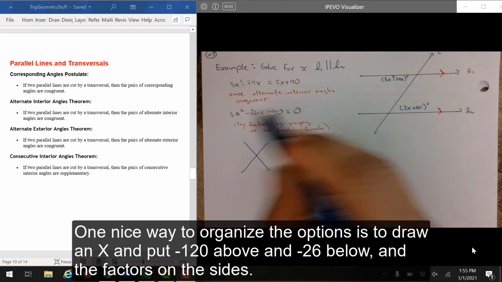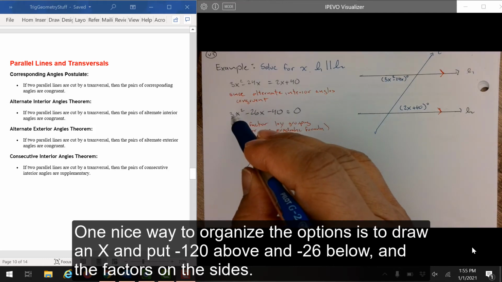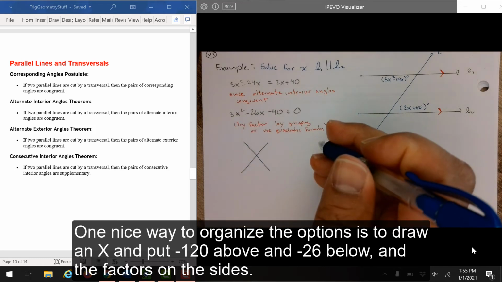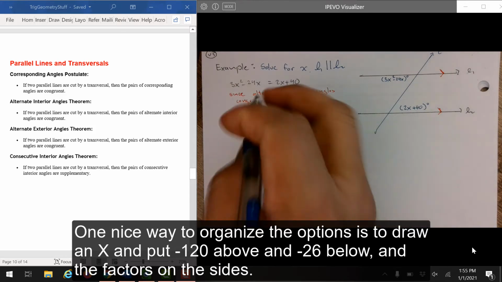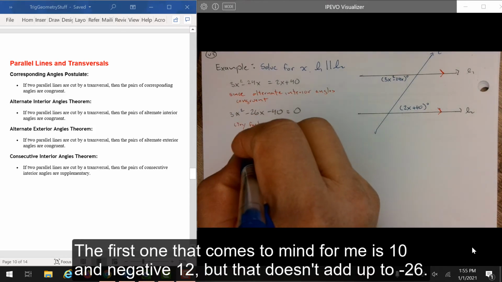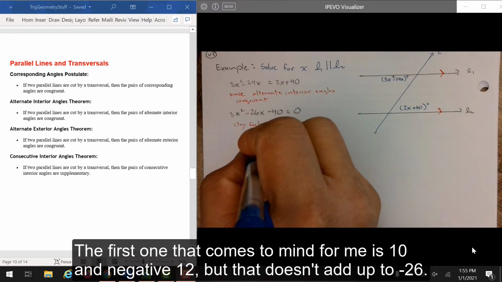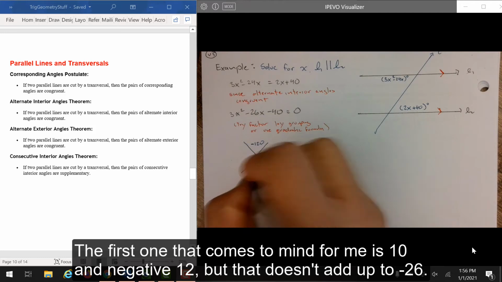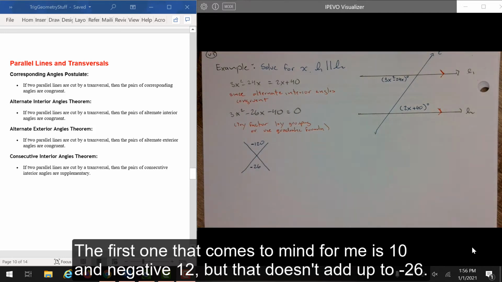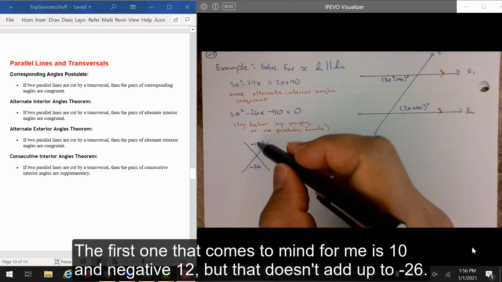One nice way to organize the options is to draw an X and put negative 120 above and negative 26 below, and the factors on the sides. The first one that comes to mind is negative 12, but that doesn't add up to negative 26.